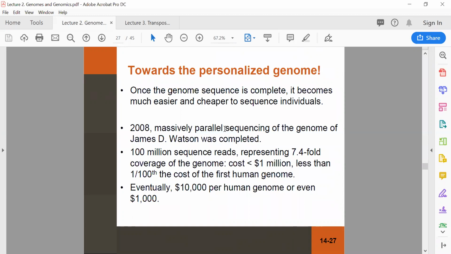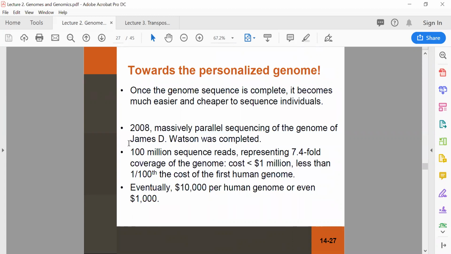And that's why it's said to be high throughput, because the older machines could only run 384 reactions at the one time. So that's a huge difference, 384 versus more than 1 million reactions simultaneously. So this is called massively parallel sequencing.